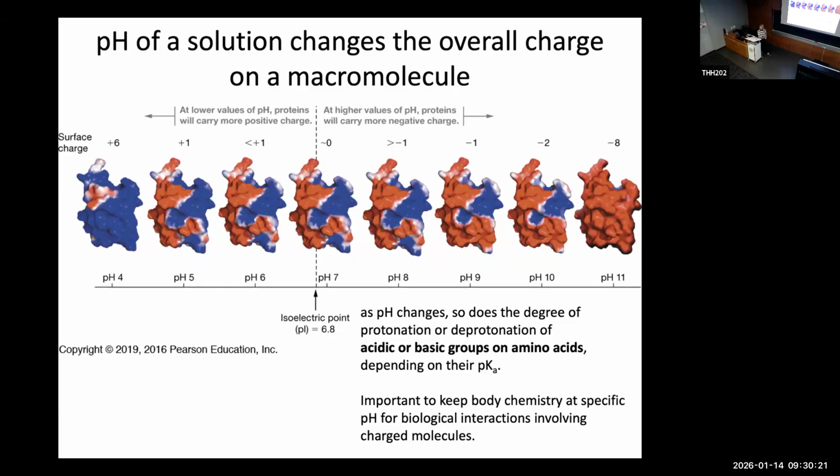Now if you put this protein in a more basic solution, raising the pH, what's going on to the amino acids that can lose or gain protons? Adding base here, what do you think is going on to those side chains that can donate protons?